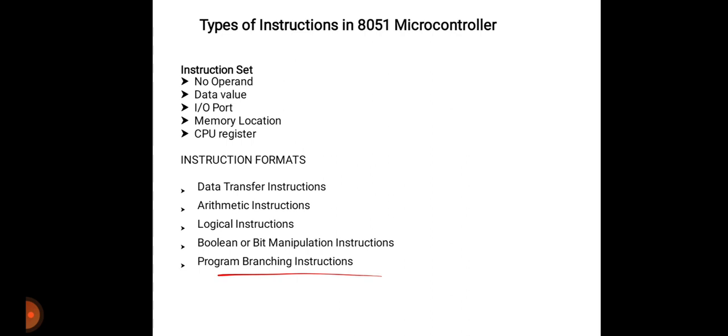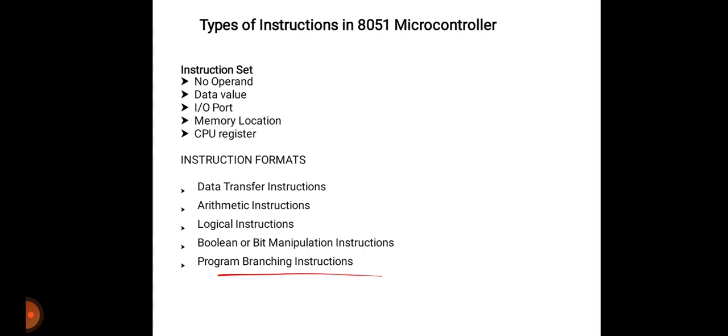Other instructions include one or more operands. The instructions can be 1 byte instructions which contain only the opcode, or 2 byte instructions where the second byte is the operand, or 3 byte instructions where the operand makes up the second and third byte. Based on that, the microcontroller performs all the instructions.